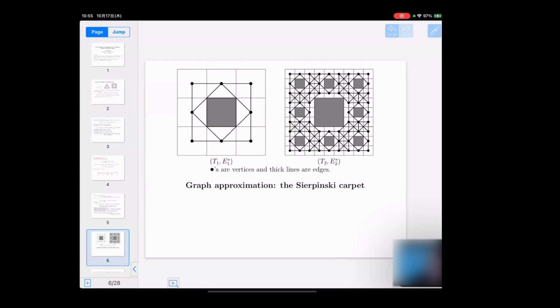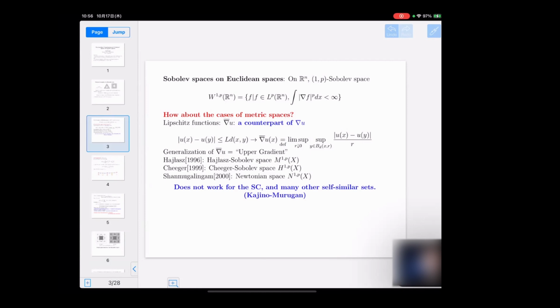Okay, are there other comments or questions? I have a question. Do we know the relation of this type of Sobolev space with other notions of Sobolev spaces, under certain assumptions perhaps? For the case of R^n or general cubes in R^n, it's the same, which I showed in my paper. For the coincidence with other theories, I don't have any proof, but for example in Chiga's paper, they assume a 1-p Sobolev, not 1-p Poincaré, inequality.